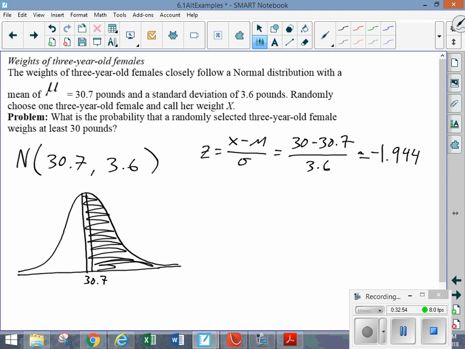It repeats, it's approximate. All right, so we could go to our z-table, and we could find a z-score for this.